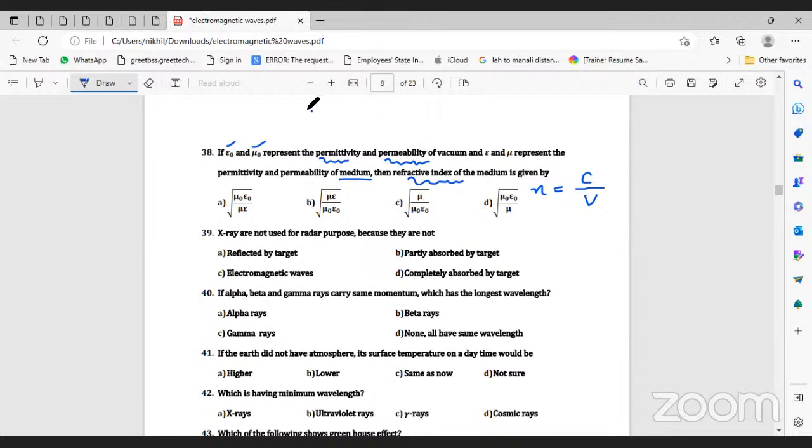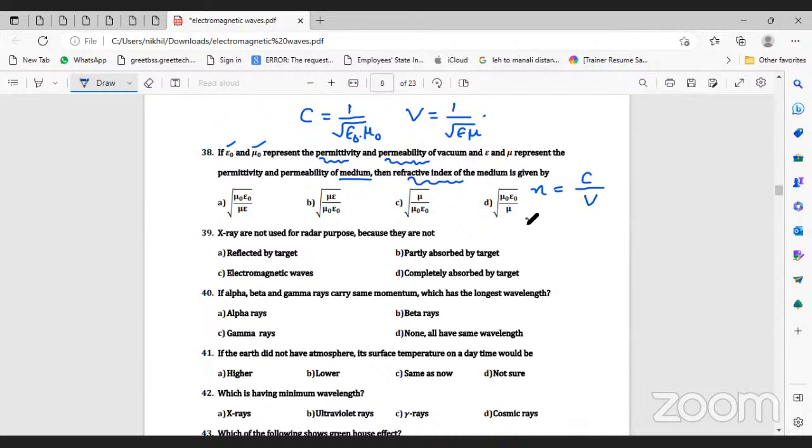You know that the speed of light in vacuum is given by 1 divided by root of epsilon naught into mu naught, and the velocity in the given medium is 1 divided by root of epsilon into mu.